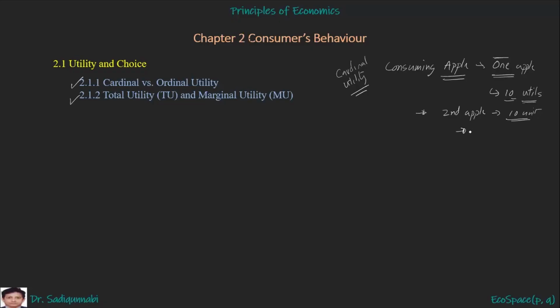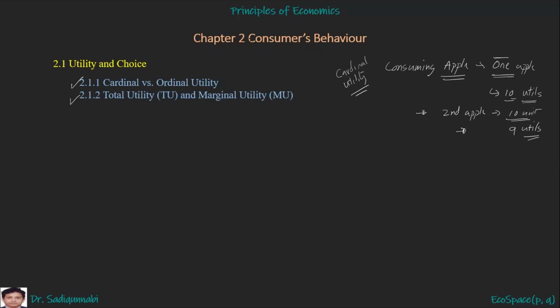There is no confusion, because after you take the first apple, your satisfaction level is decreased. So you can get 9 utils, or even less, 8 utils or even 7 utils from the second apple. Suppose you are taking a glass of water. The first glass, you are very thirsty, and that's why you get 20 utils. The second glass, you are not getting the 20 utils.